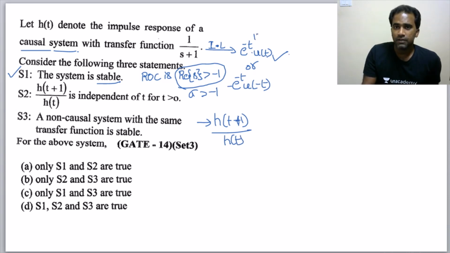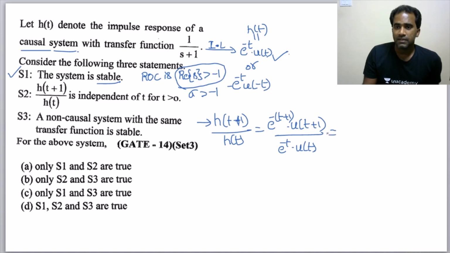H of t plus 1 means replace t with t plus 1. So h of t plus 1 divided by h of t is e power minus t into u of t.